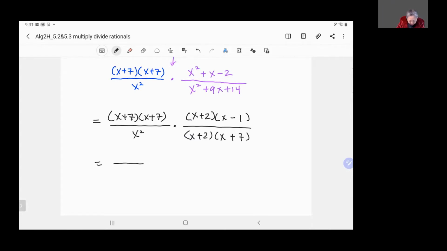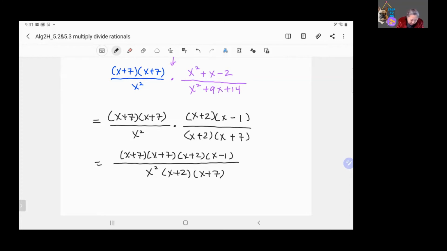If I add one more step, it's not really mandatory. So it's going to be like this: x plus 7 times x plus 7 times x plus 2 and x minus 1. Then the denominator is x squared and x plus 2 and x plus 7.